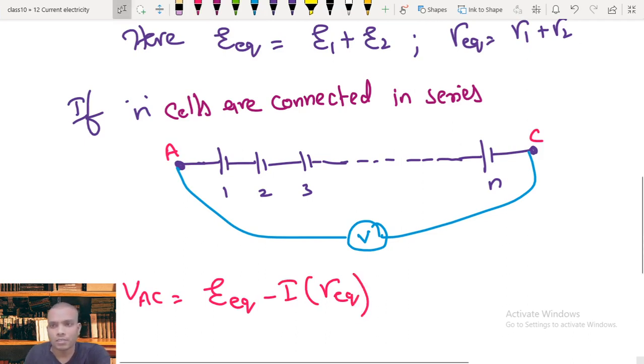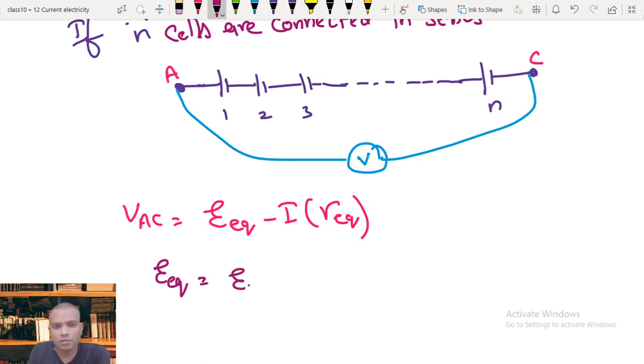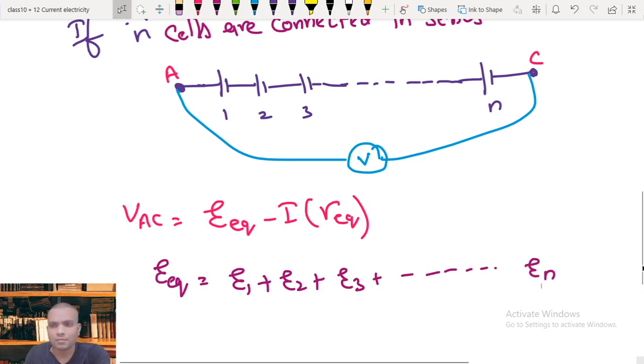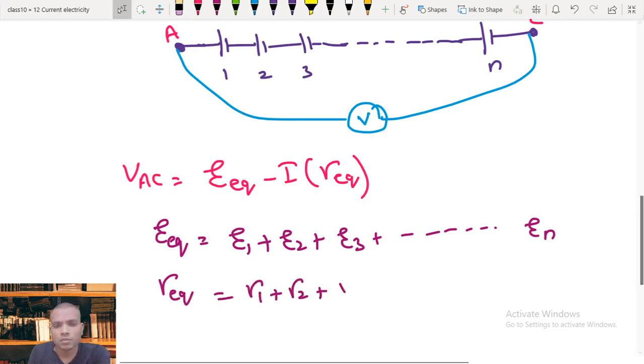minus I times the internal resistance equivalent resistance. Now here we need to mention what the EMF values are. The EMF equivalent is equal to the sum of the individual EMFs, E1 plus E2 plus E3 and so on up to the nth cell. Similarly the equivalent internal resistance is equal to R1 plus R2 plus R3 and so on up to Rn.